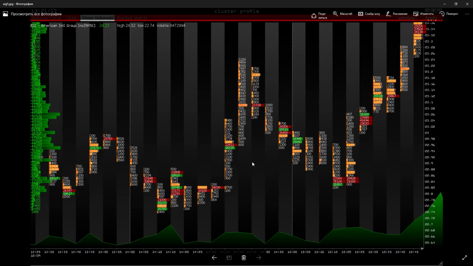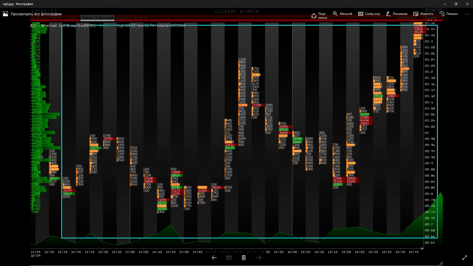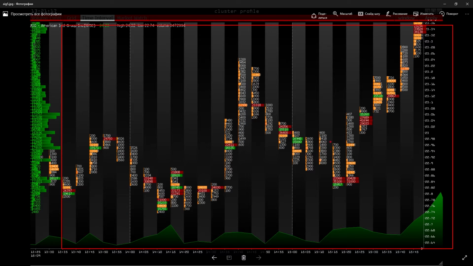It's Volfix, and this is the cluster chart. This is the same reversal formation, but in every 5-minute cluster we can see how many contracts, how many lots, were at every price. We can analyze every price, and this shows us what was inside every bar.